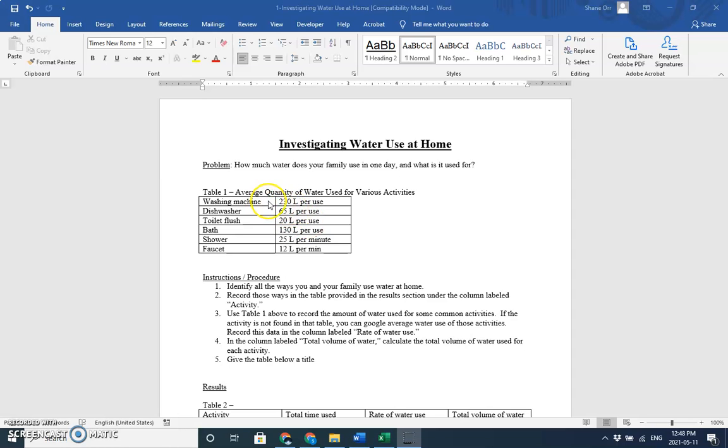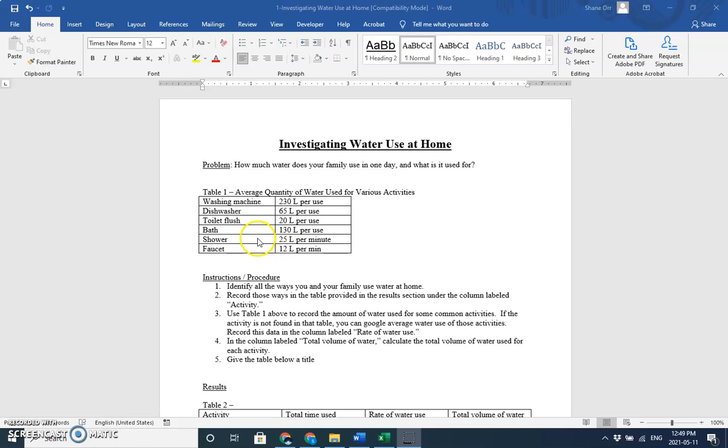So for example, a washing machine, every time you use it, is going to use about 230 liters of water. That's per use. For the dishwasher, the numbers are different, as well as for every time you flush the toilet and fill up the bathtub. The shower and running the faucet is listed in a per minute unit.